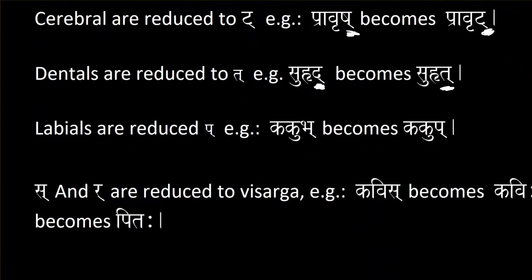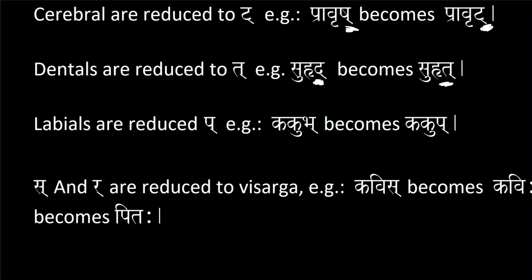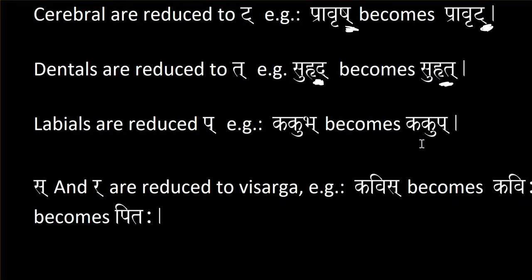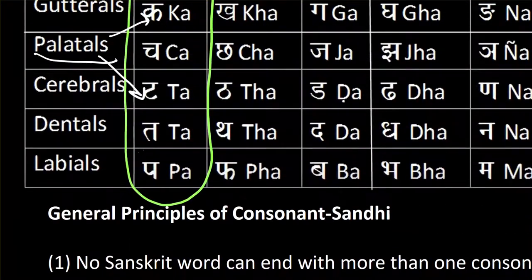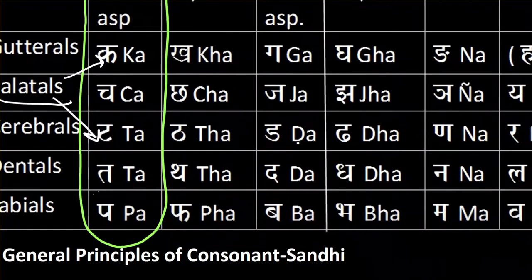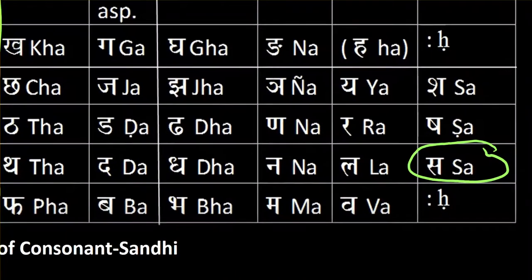Then we have labials, which are reduced to pa. Kukub becomes kukup. Bha is a soft labial, and it gets reduced to its first member, pa. The labials are pa, pha, ba, bha, ma, and va is also considered to be a labial.